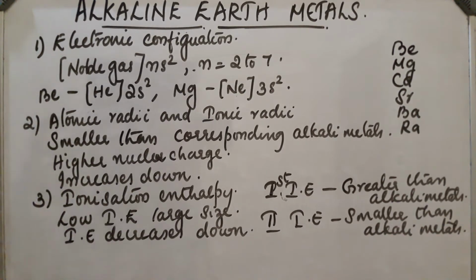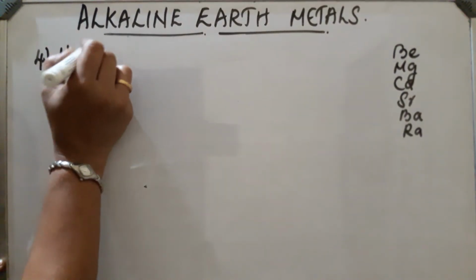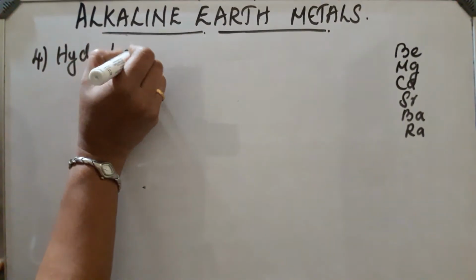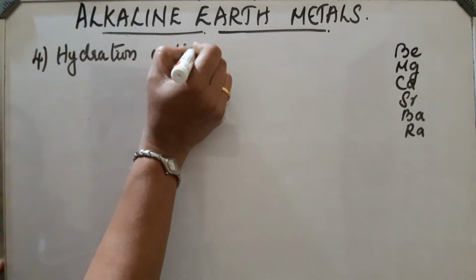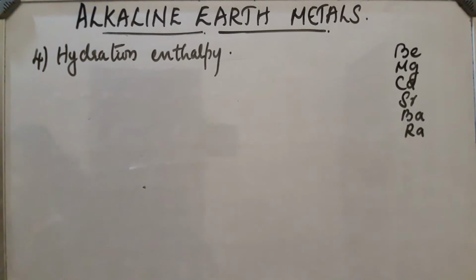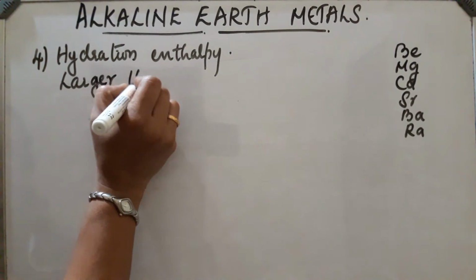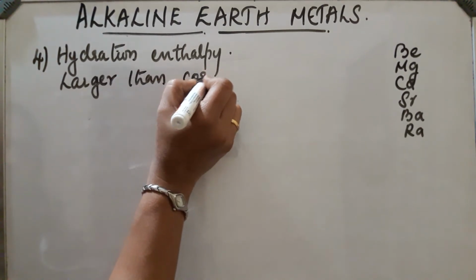Now, the next property, the fourth property, hydration enthalpy. Hydration enthalpy is higher than those of the corresponding alkali metals because they have smaller size.